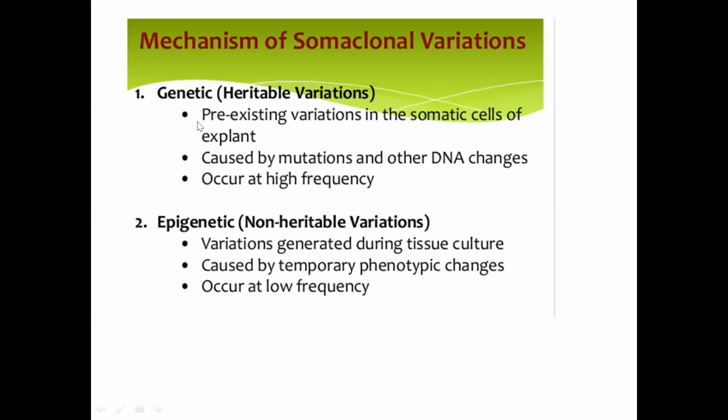As a result of mutations, as a result of sudden changes in the structure of the DNA, these variations can enter the callus and can be passed on to the next generation. These occur at high frequency, so genetic variations are very commonly seen.